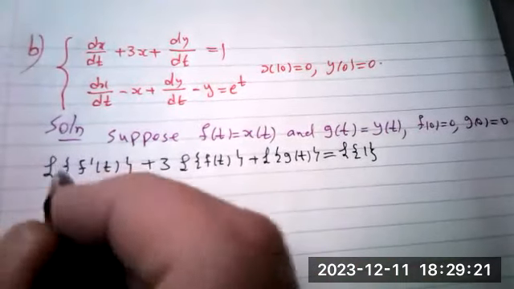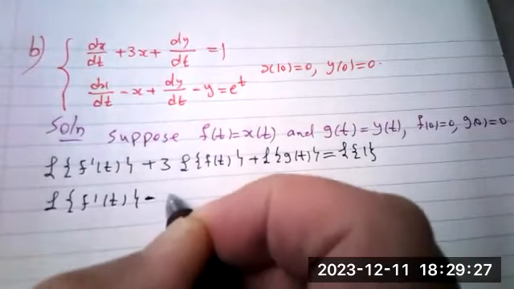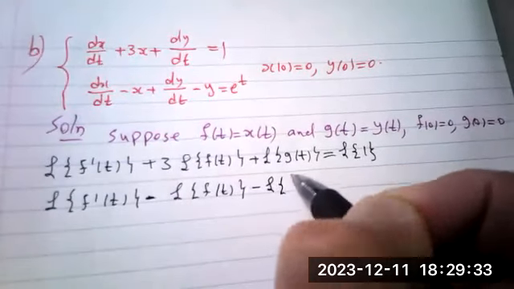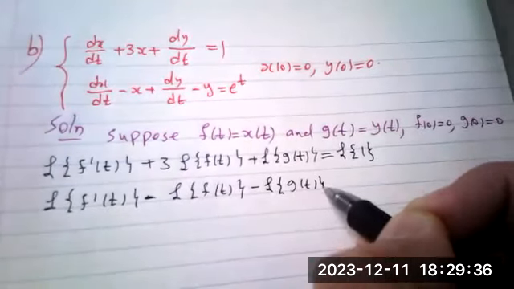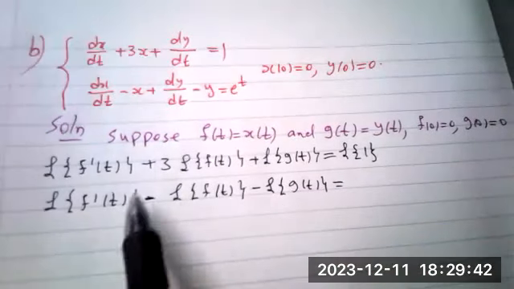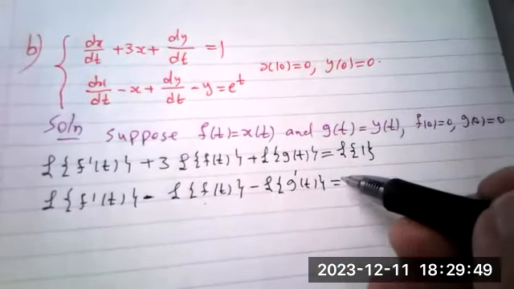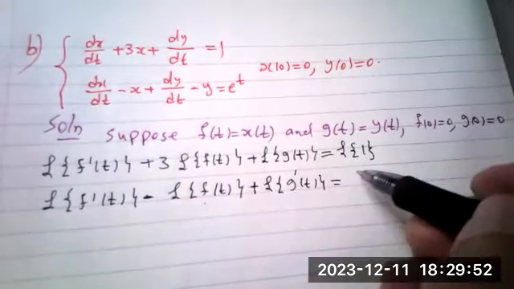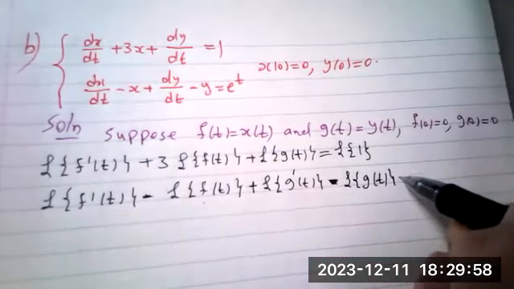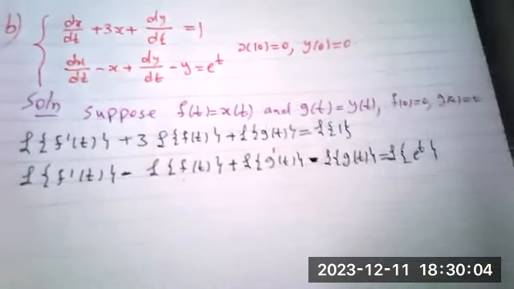Second one would be Laplace of f prime of t again, minus Laplace of f of t, plus Laplace of g prime of t, minus Laplace of g of t, equal to the Laplace of e to the t, which is 1 over s minus 1.